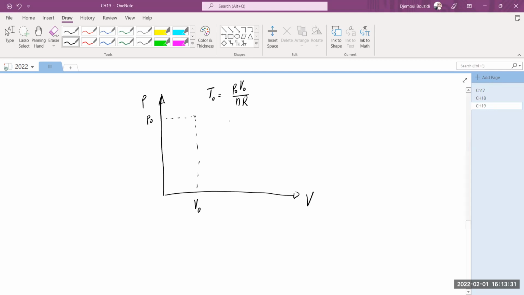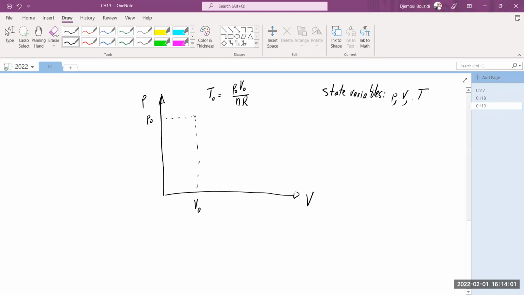So these three quantities are called state variables. State variables so far are the pressure, the volume, the temperature. Meaning on every given point in the PV diagram, I know exactly these three quantities, all of them.